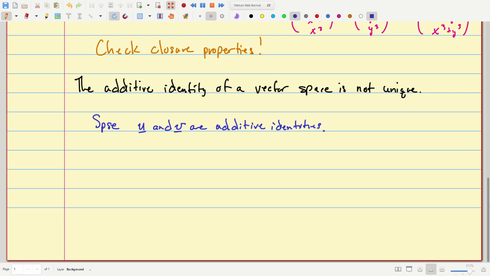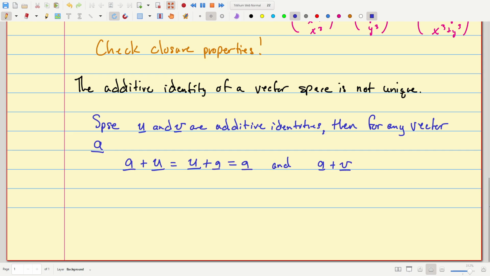If they are additive identities, then I can add on either side, and I have to get the original vector back, right? That's the proof.